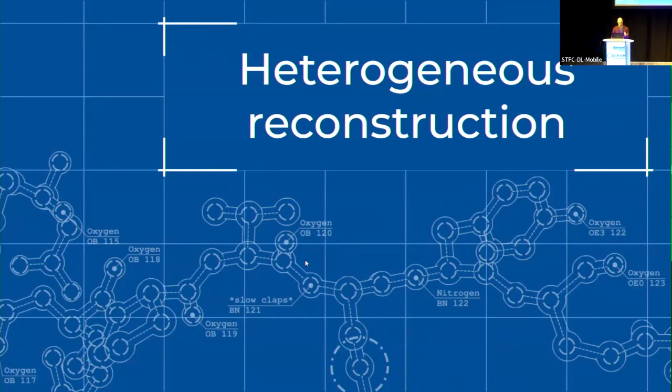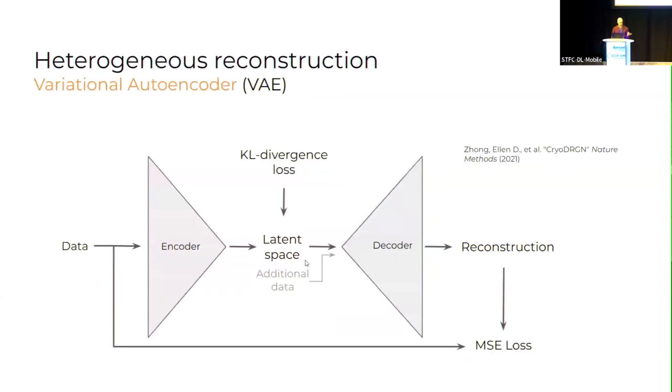So we turned to some methods in modern machine learning that seem to be showing quite a lot of promise. Ellen Zhong implemented an approach where they use a variational autoencoder to better model conformational heterogeneity in the data.